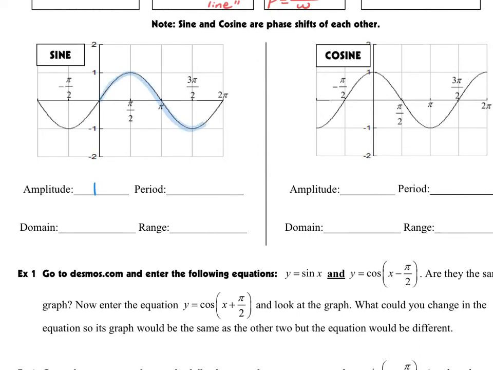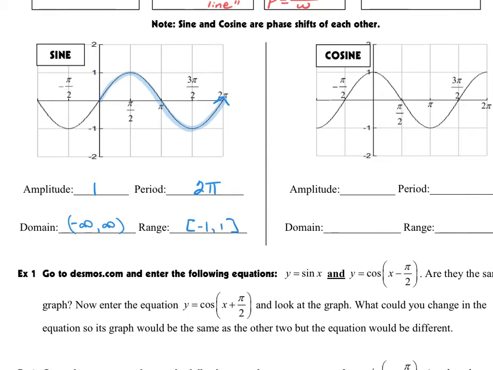We could pull out, let's say, this chunk right here, and we can see that it takes 2 pi for the graph to start over. Domain, we've already practiced this, negative infinity to positive infinity, because of course there's arrows on the ends of these graphs. And the range, that's how low and how high, and that's going to be our -1 to 1.